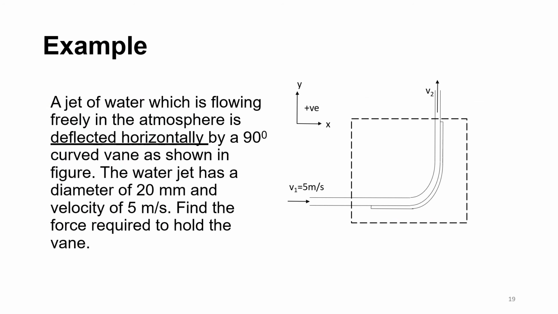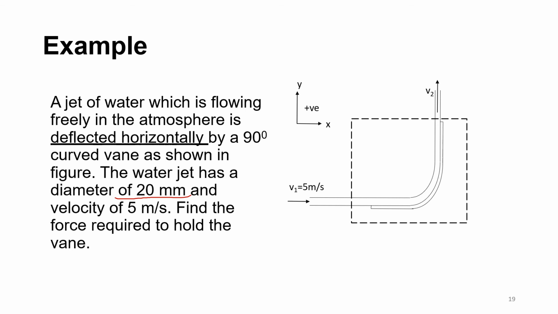Okay, next we go through the example for a curved surface. We have a jet of water flowing freely in the atmosphere. The angle is 90 degrees and the diameter of the pipe is given as 20 mm, which we need to convert to meters. Then we have the velocity v1, and we need to find the force required to hold the vane.